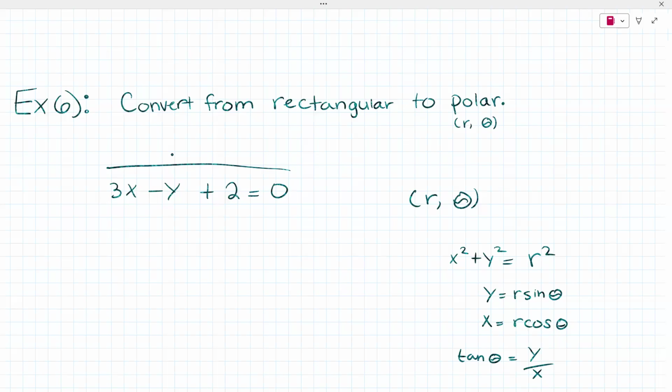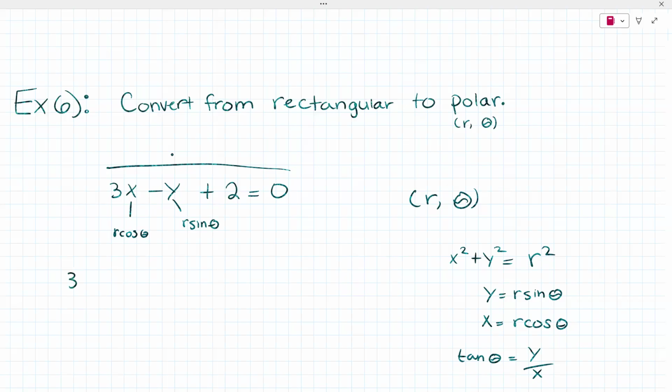Well, we know that x is the same thing as r times cosine theta, right? So you can replace this x with r cosine theta. And then we also know that y is the same thing as r sine theta. So let's replace x with r cosine theta and replace y with r sine theta.